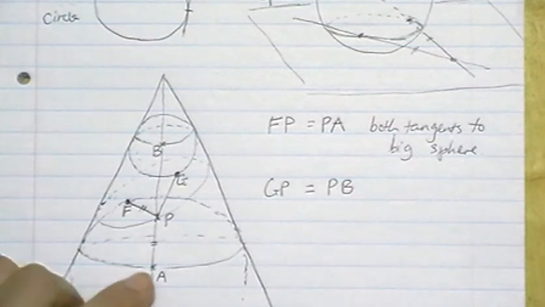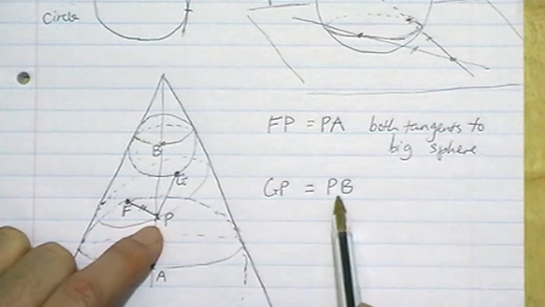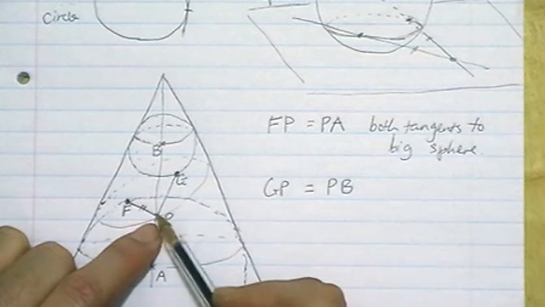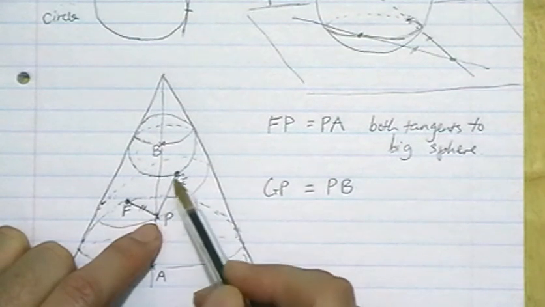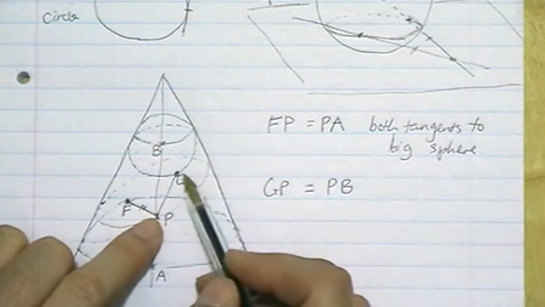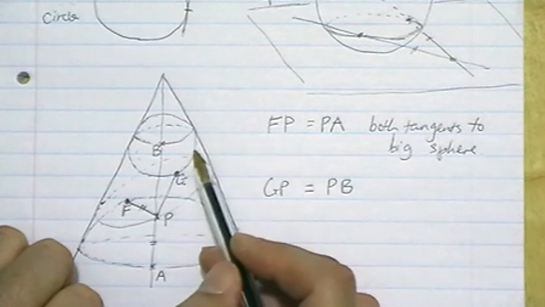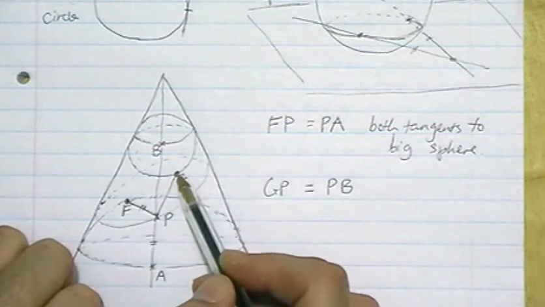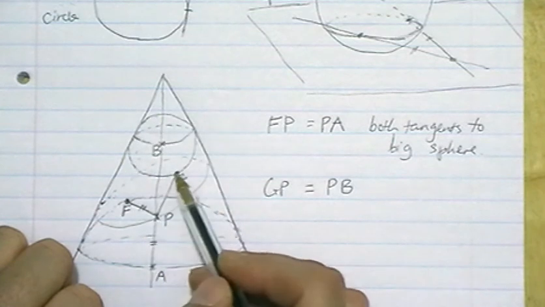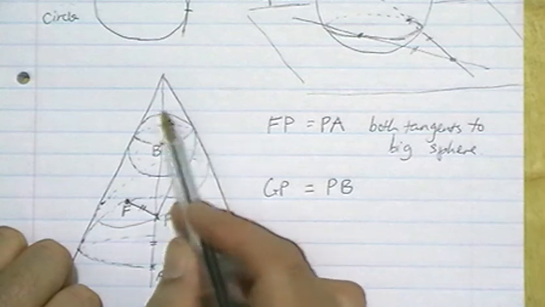So let's check. This line GP is on the plane of the conic section, and this plane just touches the small sphere at G. So therefore this line is a tangent to the small sphere.